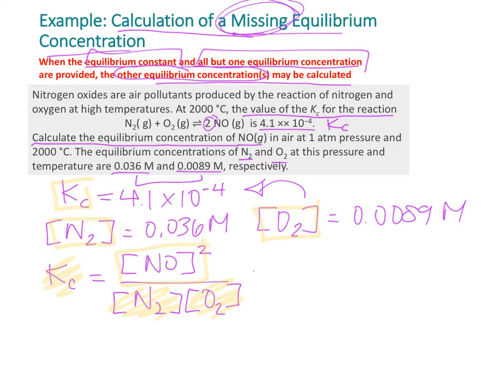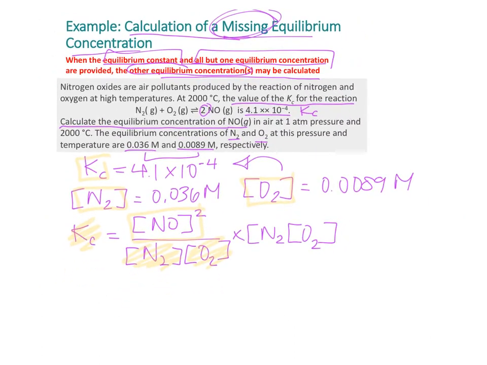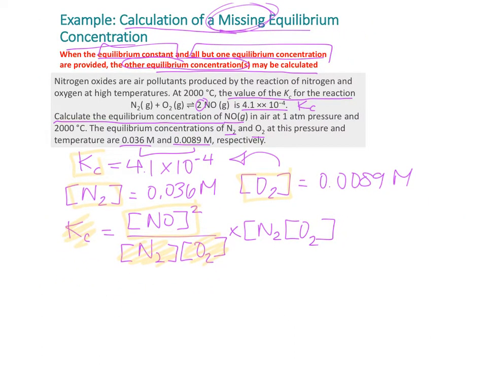So we are going to multiply both sides by N2 O2. And then from that we get, obviously multiply it on this side, so N2 also multiply O2. I know that looks funky, but you know what I mean, hopefully. And this cancels out.